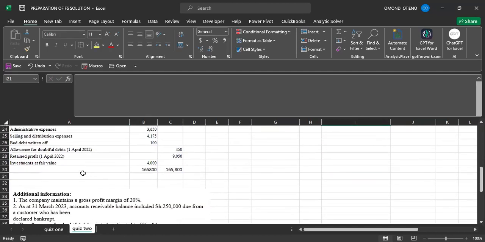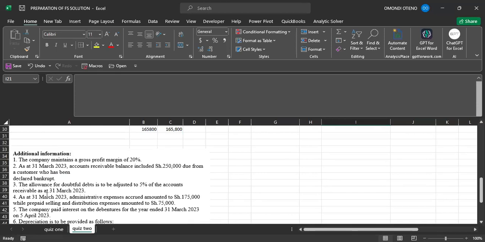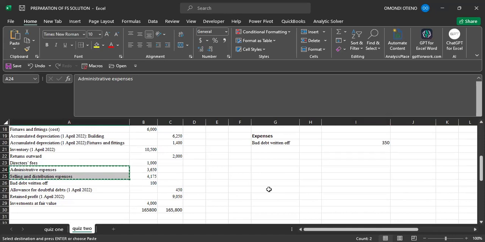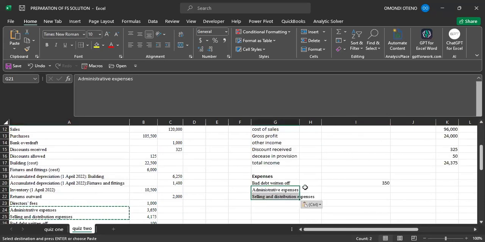Good. The next thing under additional information, we are told that admin expenses accrued. Then you also have prepaid selling and distribution. So let's take these items here, those expenses, because they are affected. So admin expenses, what are they saying?